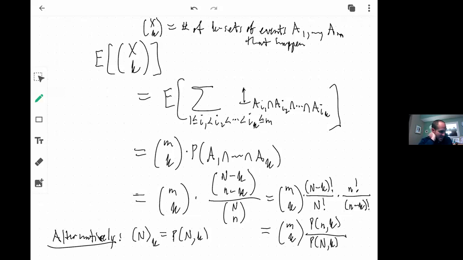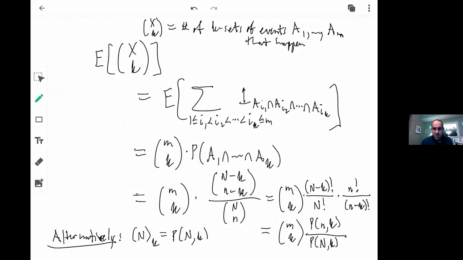All right, that's amazing, because if you have the expectation of x choose k for every k, you can find all the moments, all the expectations of x to any power r. In the same way that we were able to get a handle on the expected value of x squared by using the expected value of x choose 2, and embed that into the variance formula.